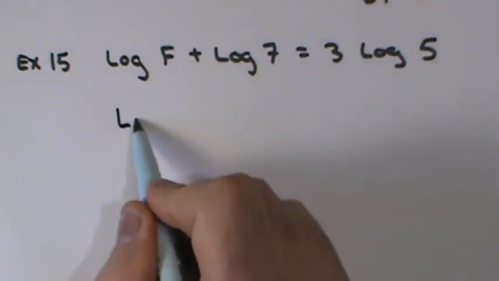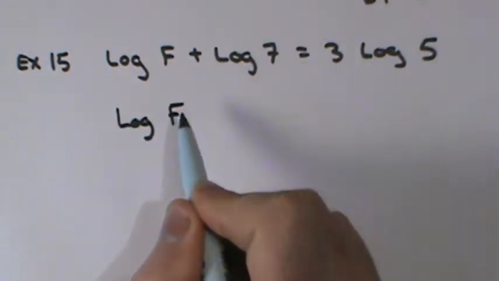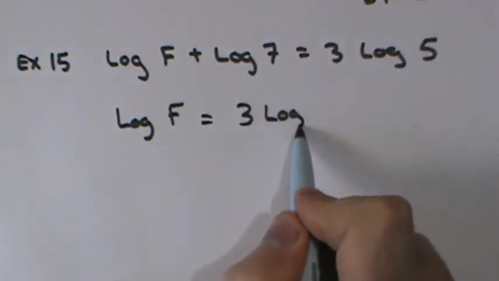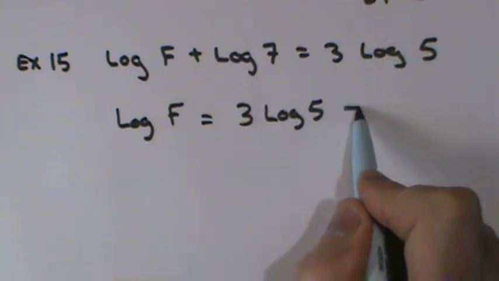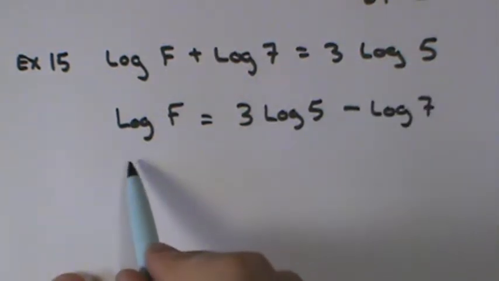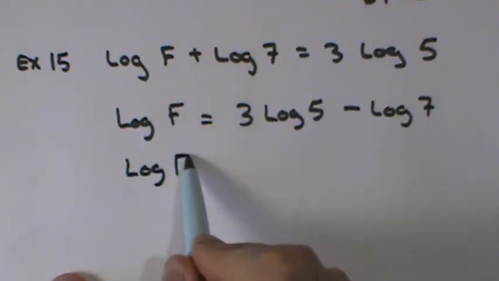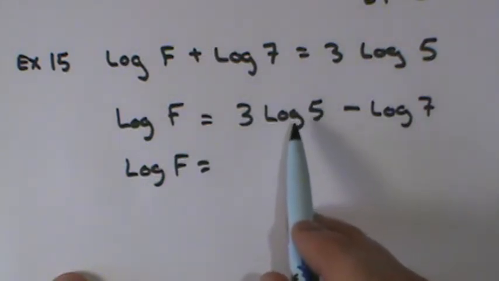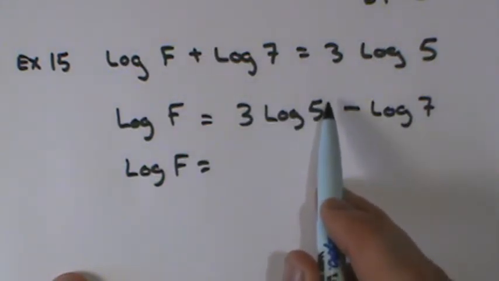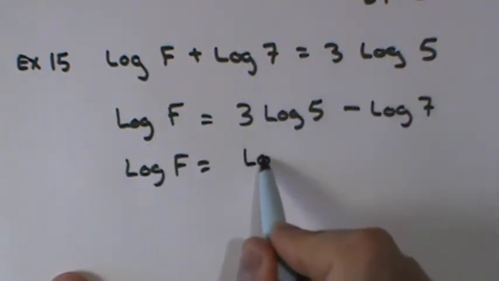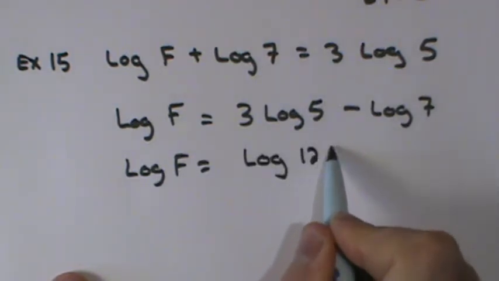So I can say log of f is equal to 3 log 5 minus log 7. Log of f is equal to, now if I'm using my rules of exponents like I did in the last example, I can say that this is 5 to the 3rd power. And 5 to the 3rd power I know to be 125.